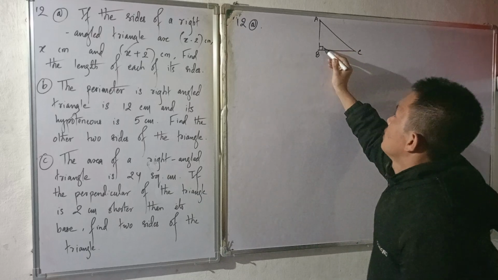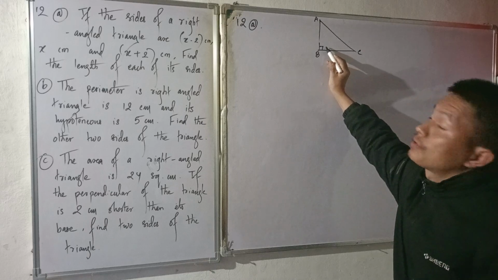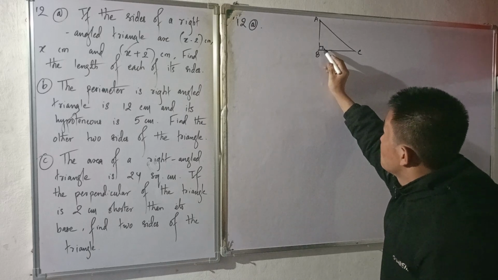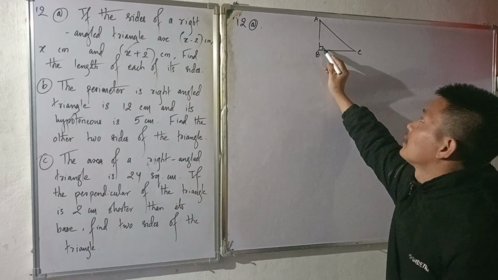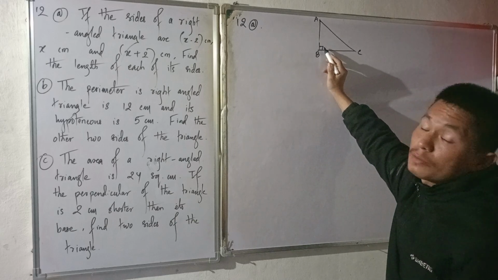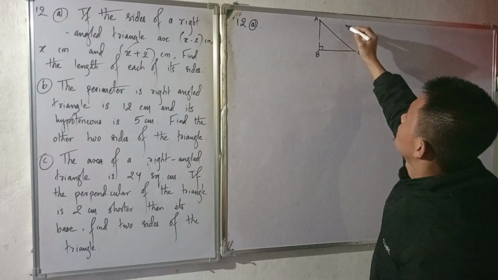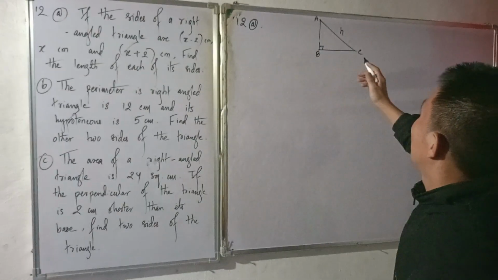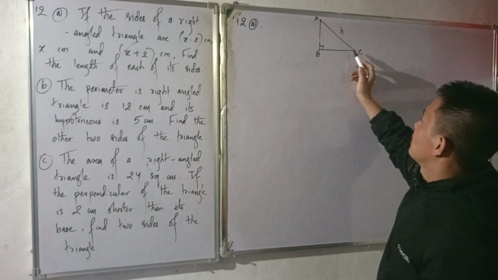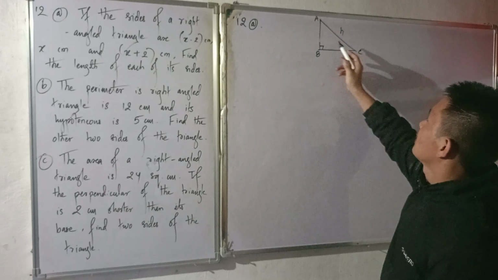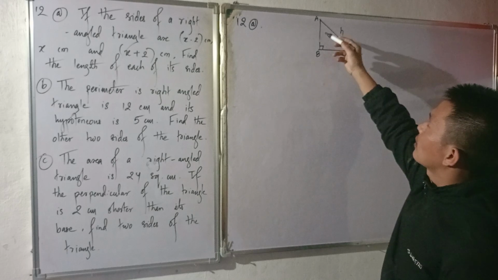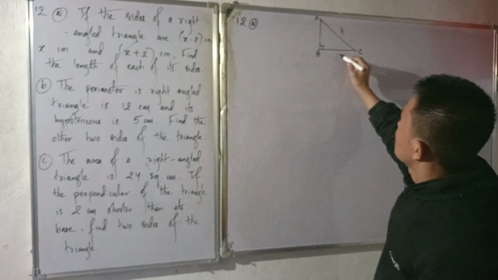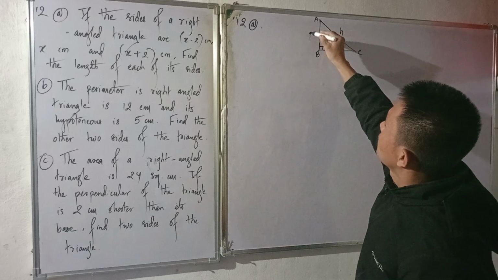Here it is a 90-degree right angle, and the side just opposite of this 90-degree will be the hypotenuse. This hypotenuse is the side having the greatest length in size compared to the perpendicular and base. This is base and this is perpendicular.